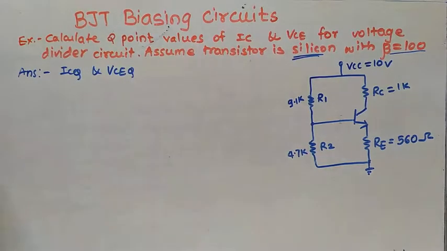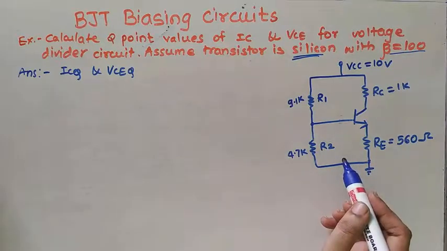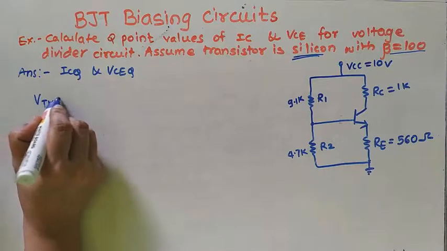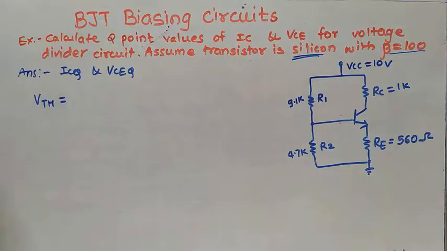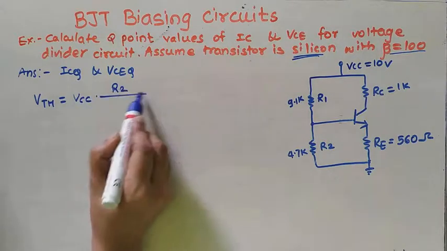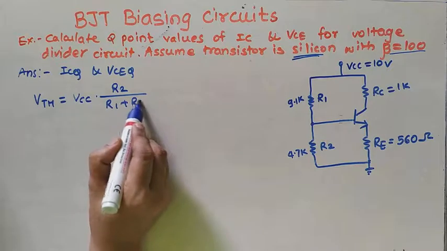For these ICQ and VCEQ values, first of all we have to consider the Thevenin's equivalent resistance and Thevenin's voltage source values for this voltage divider network. The formula of VTH we have studied in our previous session: VTH is equal to VCC into R2 divided by R1 plus R2.